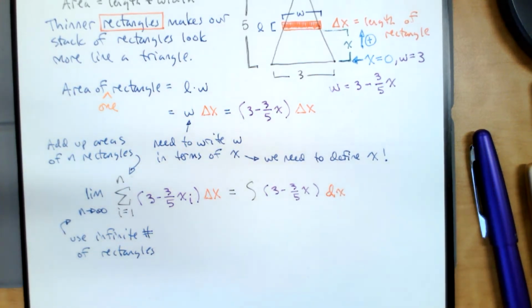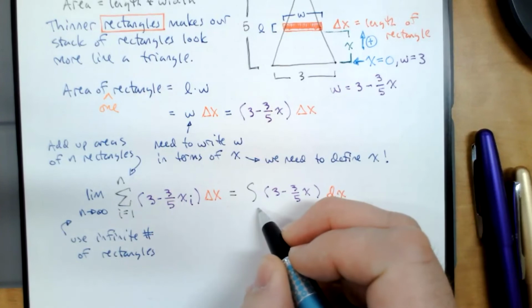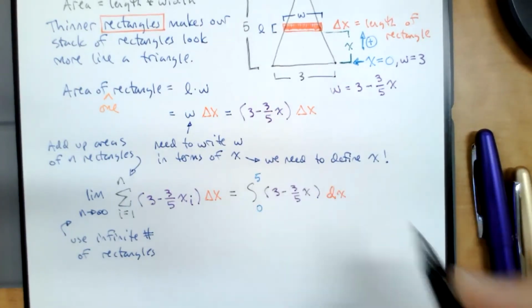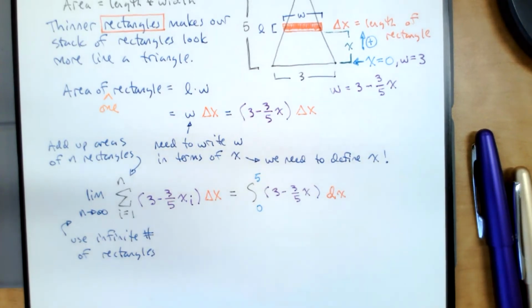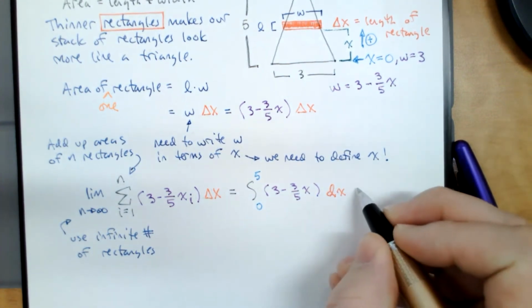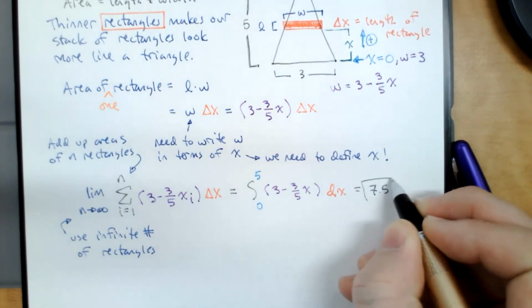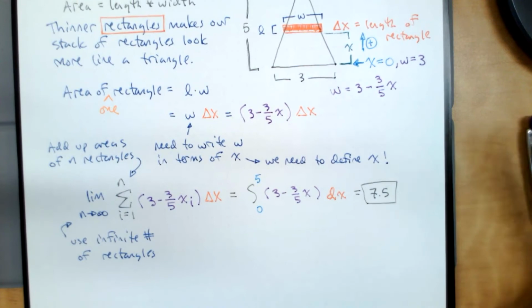Now we just have to add up all the x values where we have a rectangle. The rectangle started off at the bottom when x is equal to 0, and the rectangles stop when x equals 5. Now, if everything worked out okay, this should give us 7.5, which is what we know the area of the triangle should be.